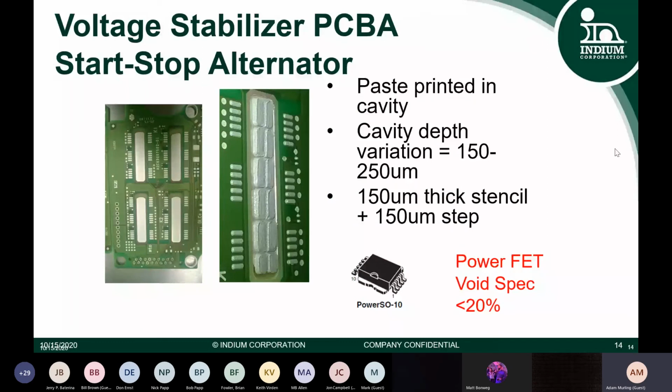So for this experiment, essentially it used a voltage stabilizer. So we're printing into a cavity here, 150 to 250 micron in depth. So using a step stencil was needed.